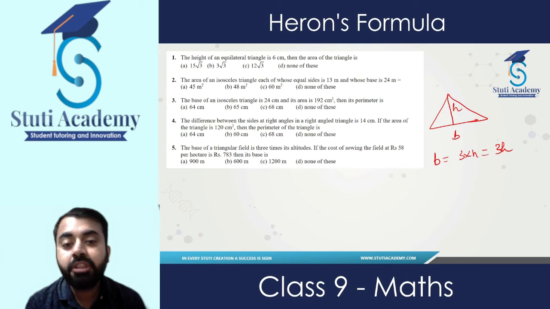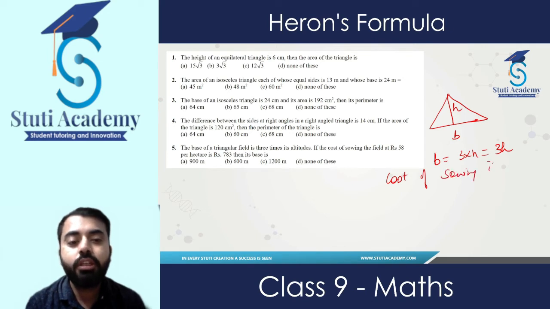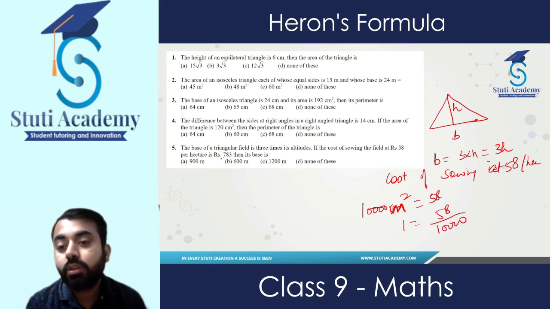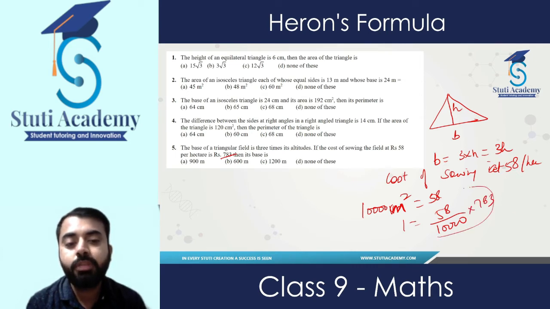If the cost of sowing the field is 58 per hectare, that means cost of 10,000 meter square is 58. 1 will be 58 upon 10,000. The total cost was 783.